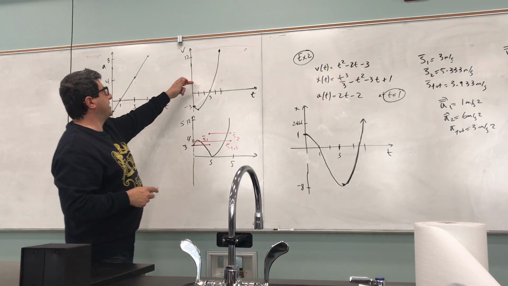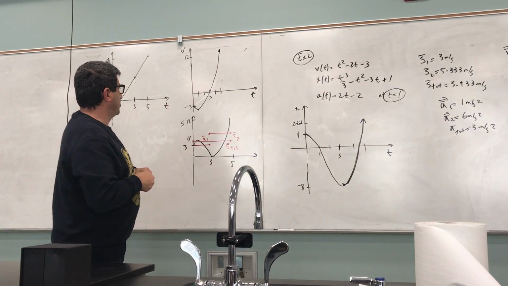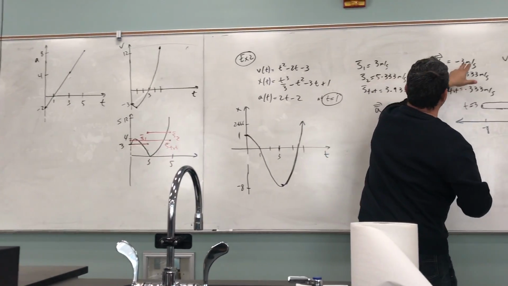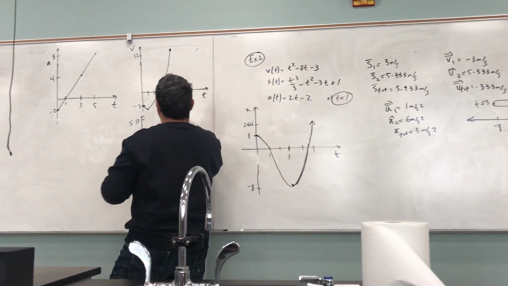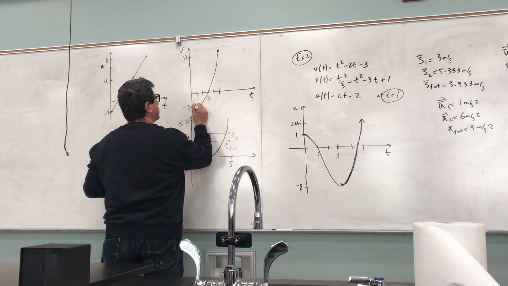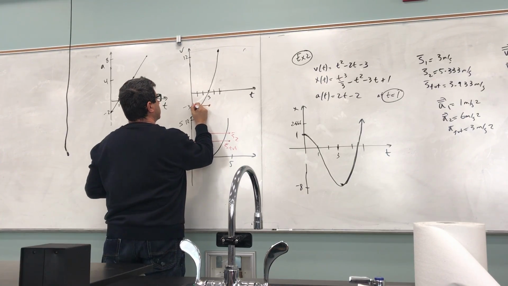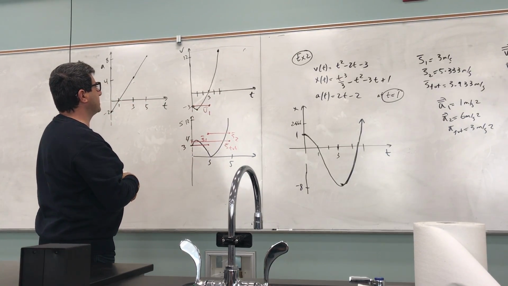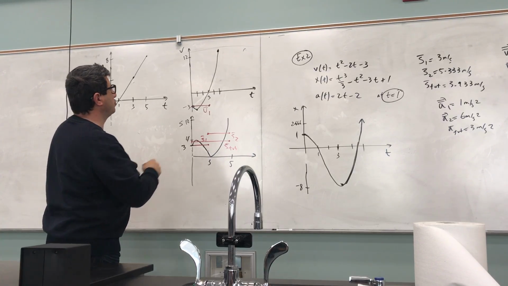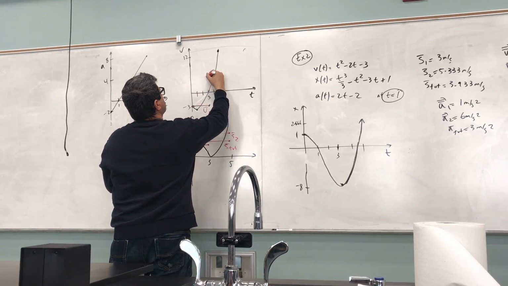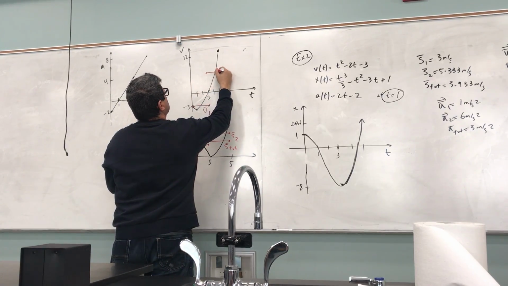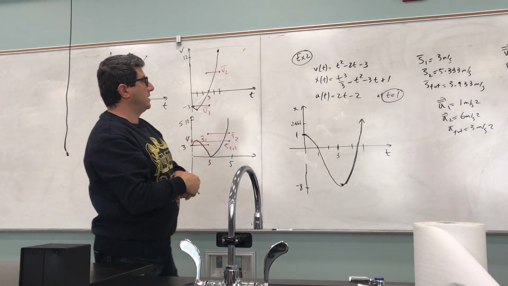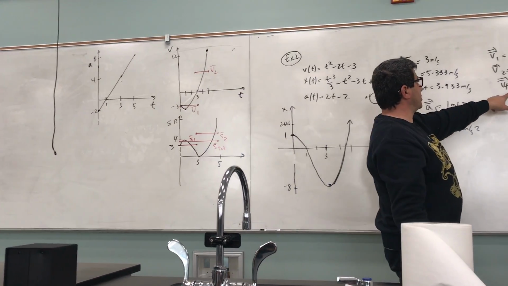Okay, now let's do the V average. On this graph, we can show the graphical meaning of V average 1, negative 3. From here to here, V average 1. Then you're going to do the V average 2, 5.33. And then the V average total, which is 0.33.